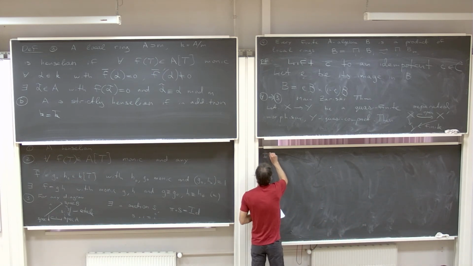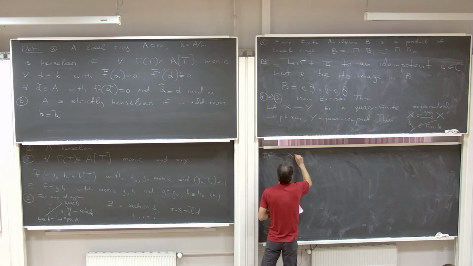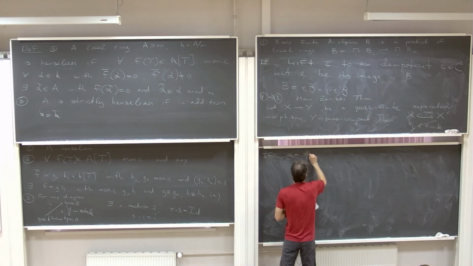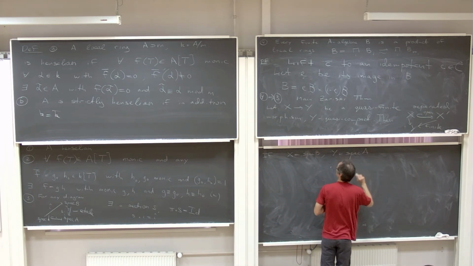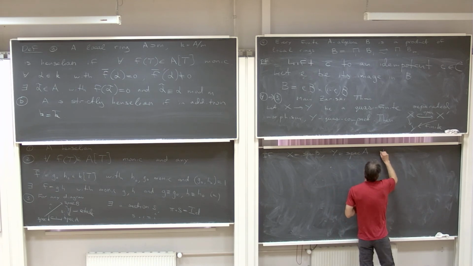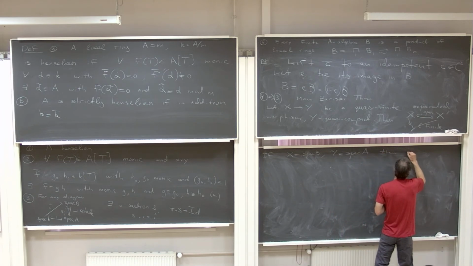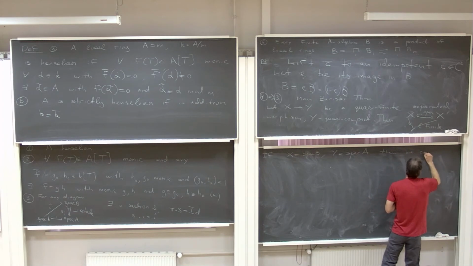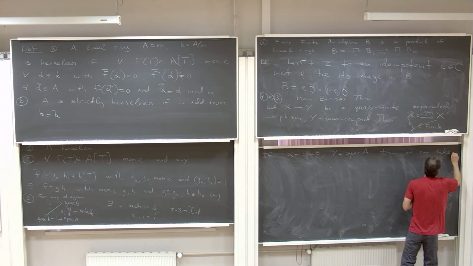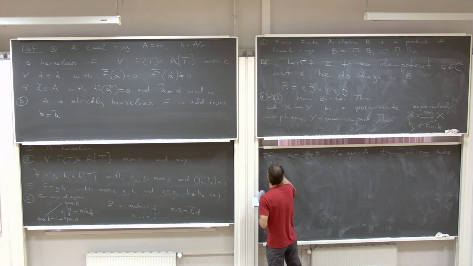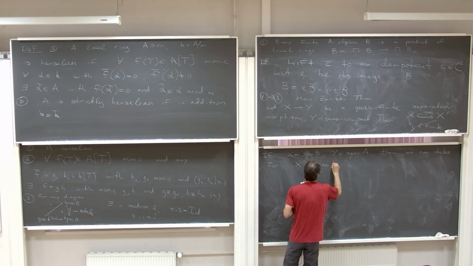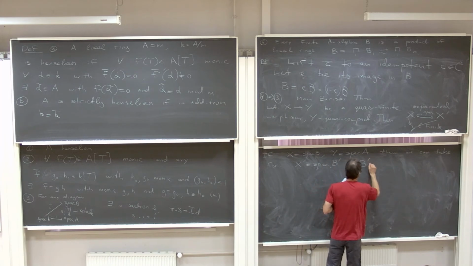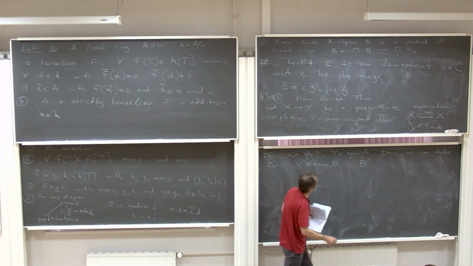So if X is Spec B and Y is Spec A, then we can take for X prime Spec B prime, where B prime is the integral closure, the normalization.